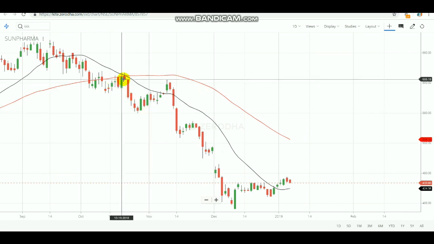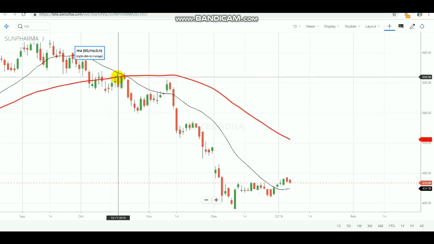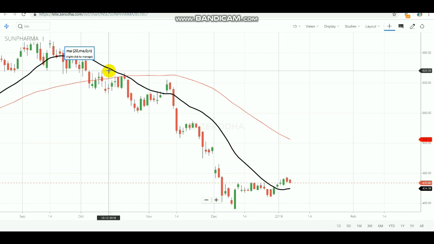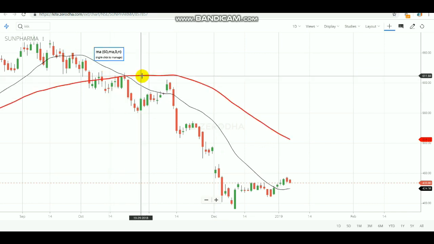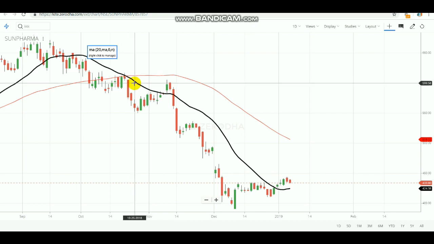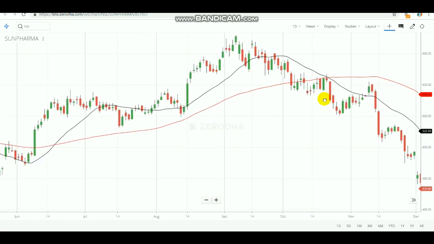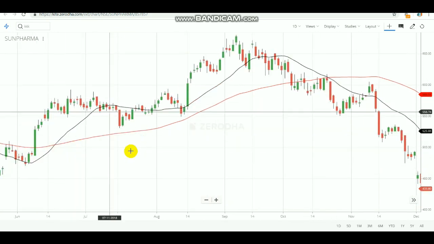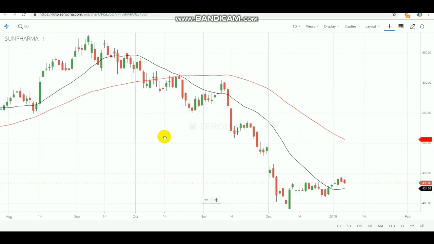For this, the red one is the 60 moving average, and the black one is the 20 moving average. If the red one crosses above the black one, it means the market is in a downtrend. At the same time, if the black one is above the red one, it means the market is in an uptrend. Okay, let's see how it works.